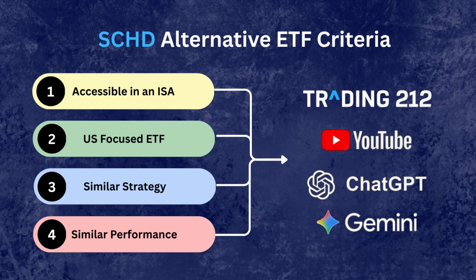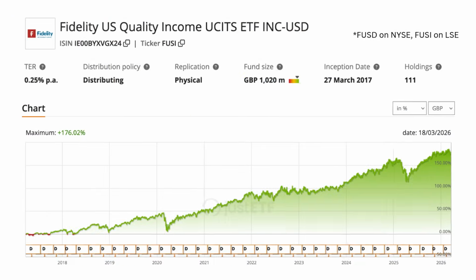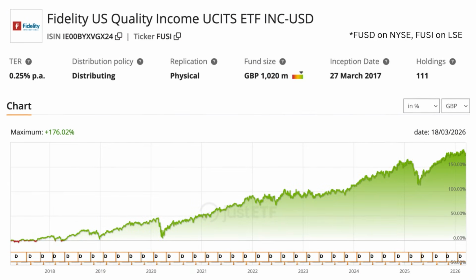From the Trading212 community, to YouTube, to ChatGPT and Gemini, and even independent data analysis, one ETF shows up again and again. FUSD. Not because it's perfect, but because it consistently ticks the most important boxes. ISA accessible, US focused, quality dividend strategy, and solid long-term performance potential.